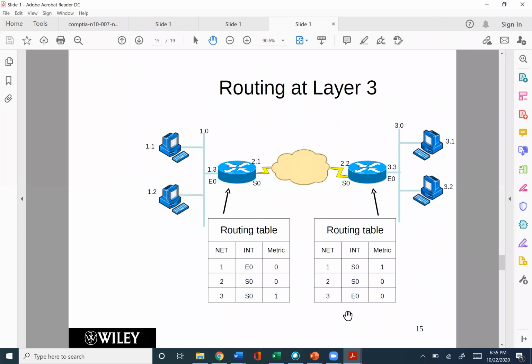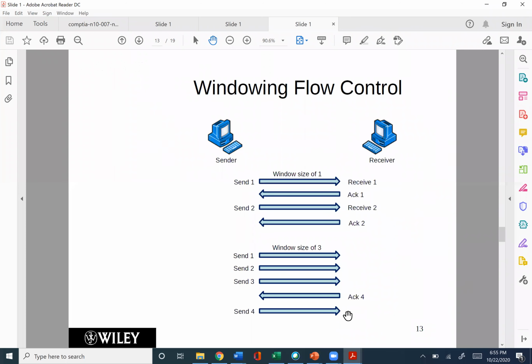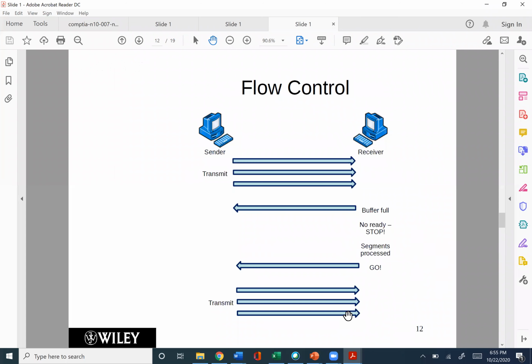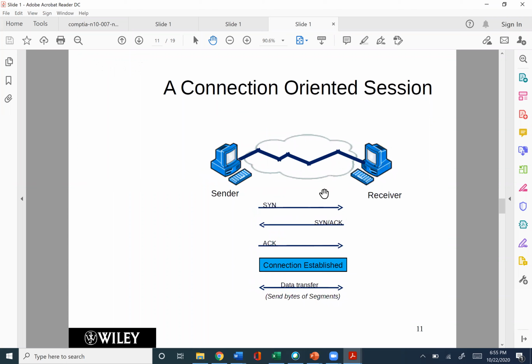You see that? So whenever there is this three-way handshake, this thing needs to happen between them in order to work, in order to know that the whole data is being transferred. This three-way handshake establishes that connection.